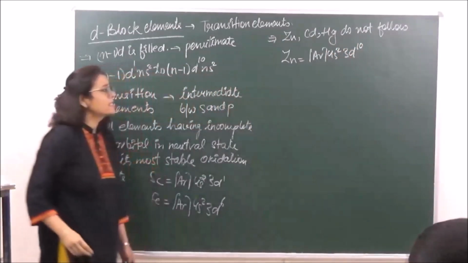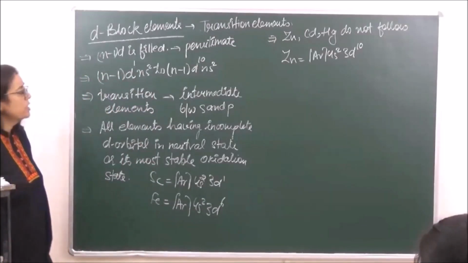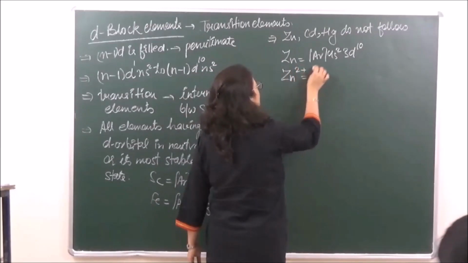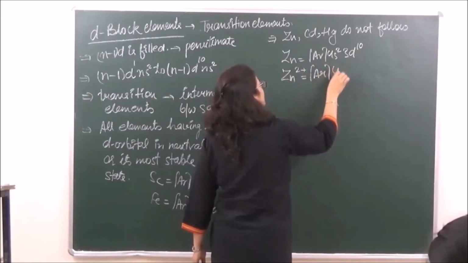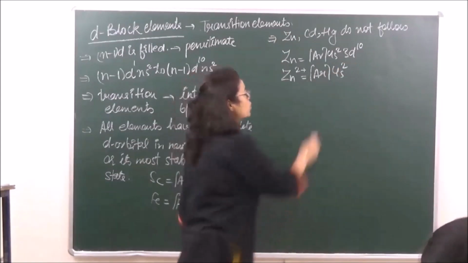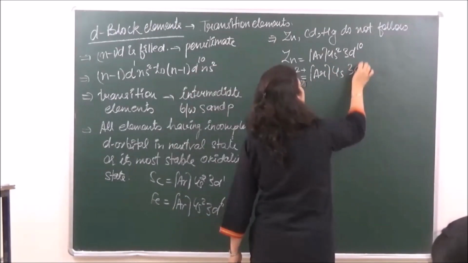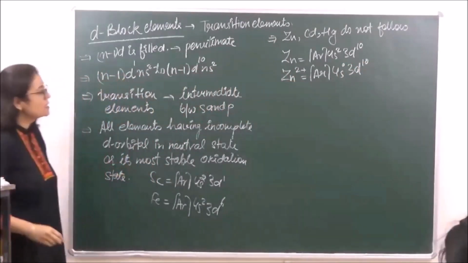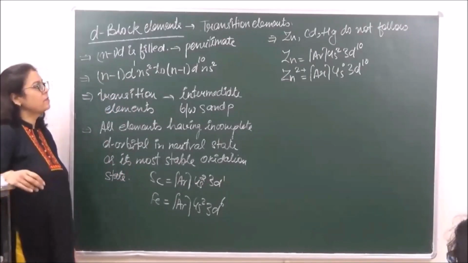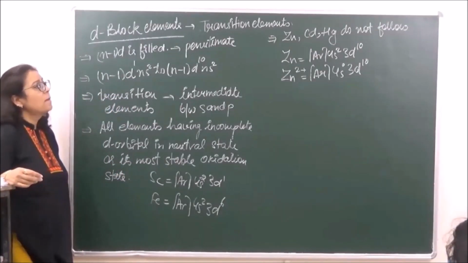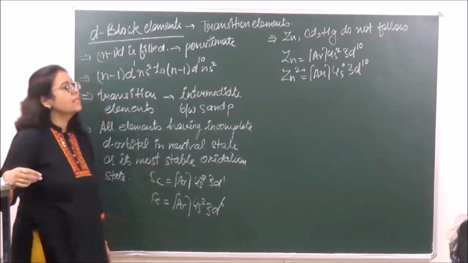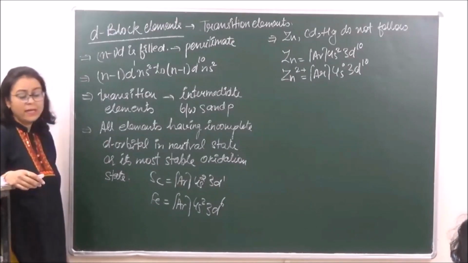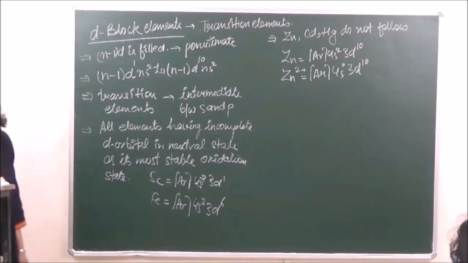So in this case it is a complete configuration, and the most stable oxidation state of zinc is Zn2+, so here also argon 4s0 3d10. But still zinc is taken under the d block. Zinc, cadmium and mercury are taken under the d block because they fall as the last members of the series. So they are studied under the d block, otherwise they do not fall under the definition of d block.